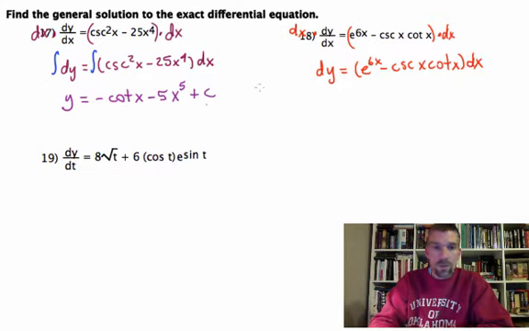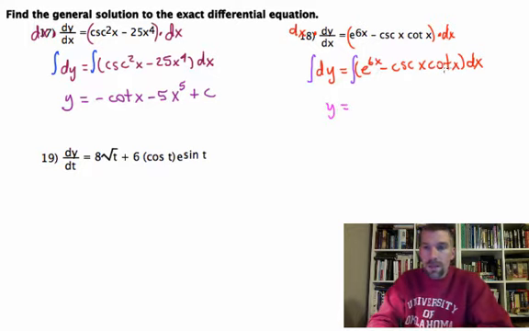And so to solve this, we're going to take the exact same steps that we took just a second ago. We're going to integrate both sides. And when you integrate the left, the only variable over there is y. So that's going to give us a y.